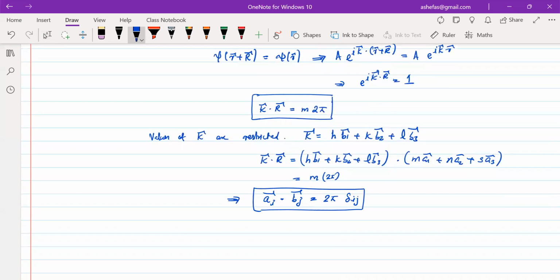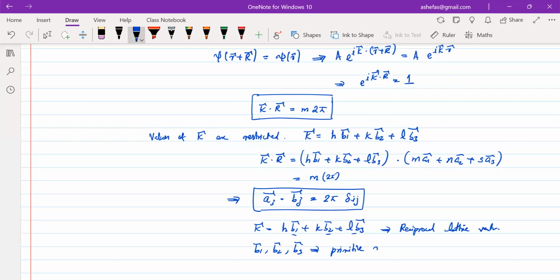If that is the case, then this k, equal to h b1 plus k b2 plus l b3, is called a reciprocal lattice vector, and b1, b2, b3 are called the primitive reciprocal lattice vectors.